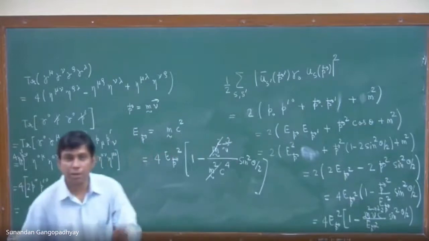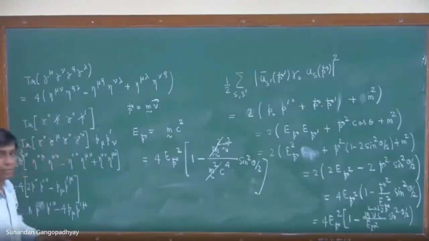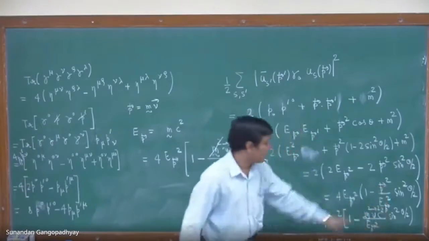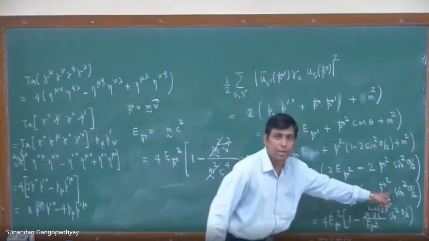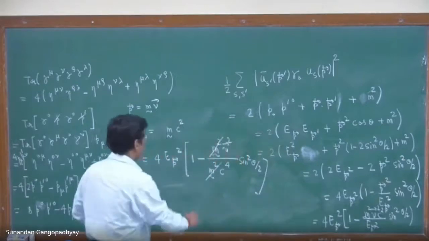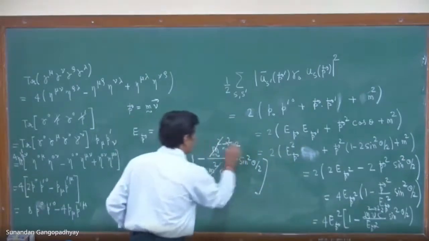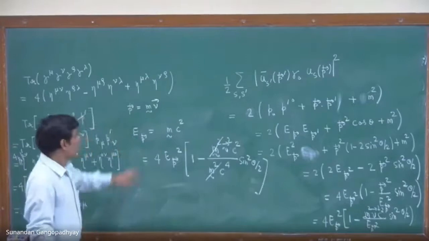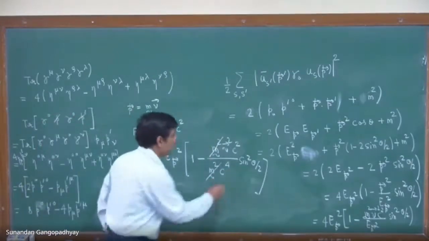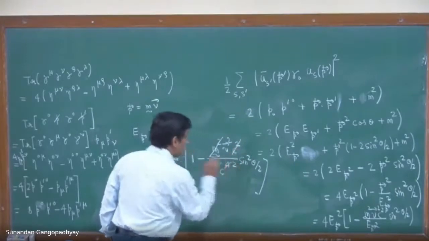So you can put in the factors of c square at the end of the calculation from dimensional consideration. M tilde has cancelled away. c square by c to the power 4 cancels, so that gives you a c square.